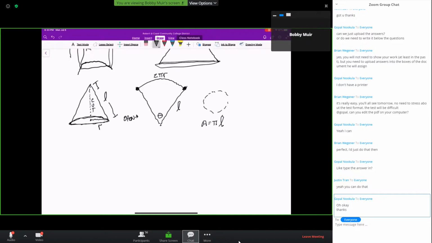Now, if we are going to be doing a portion of this, the area is going to be theta divided by 2 pi times pi times L squared.